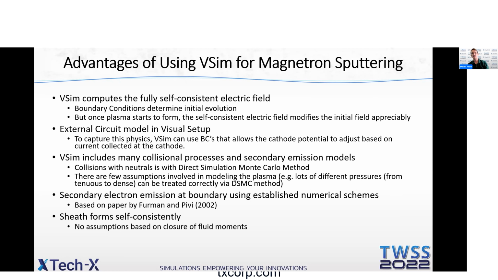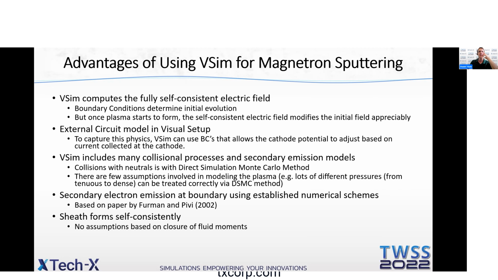Whereas a lot of codes will get you the electric field due to a boundary condition, this will also include the field due to the plasma itself, the plasma potential. And so when we start getting down into processes that happen near boundaries, this means that we're going to be solving for the sheath correctly.